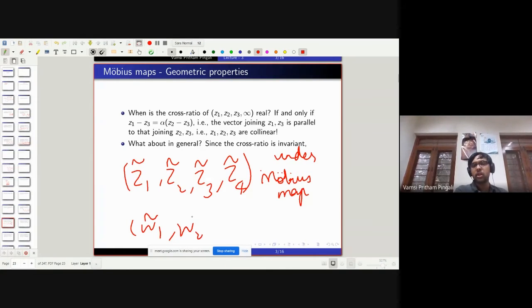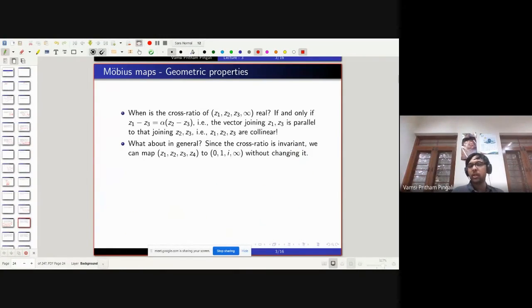The point is the cross ratios of these 4 points and these 4 points are both equal. So the cross ratio of these 4 equals these 4. Since this cross ratio is invariant, sorry, this statement is not quite correct.